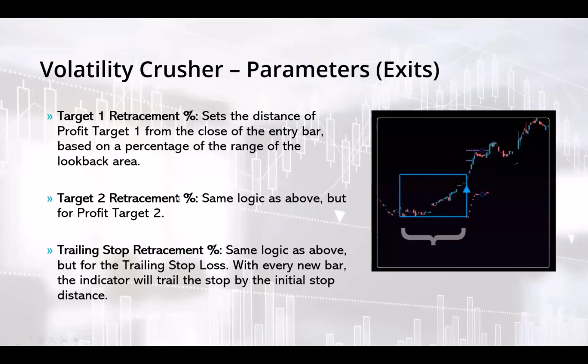The higher these percentages, the further away the targets will be. And similar for the stop loss, it's a percentage of this range. The higher the retracement percent, the further the stop loss will be away, and the further the trailing stop will be placed. All right.